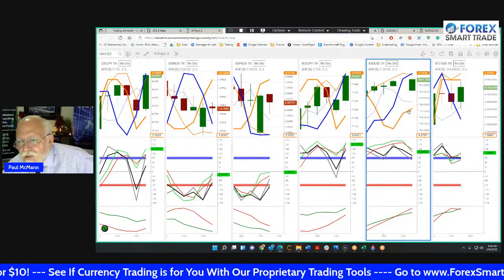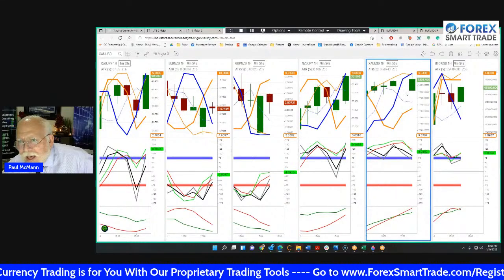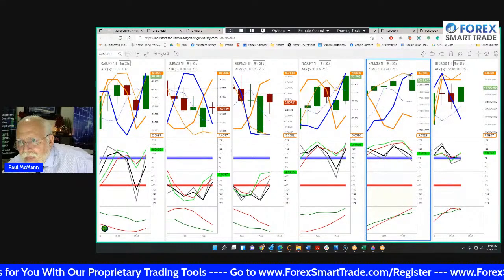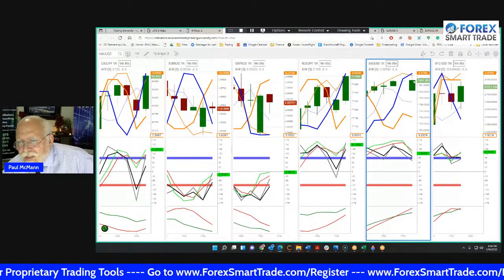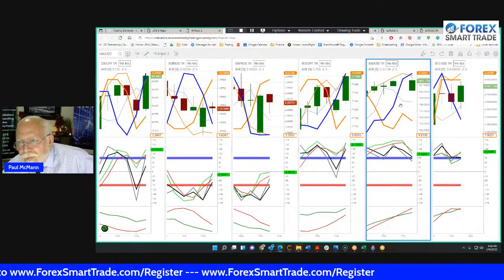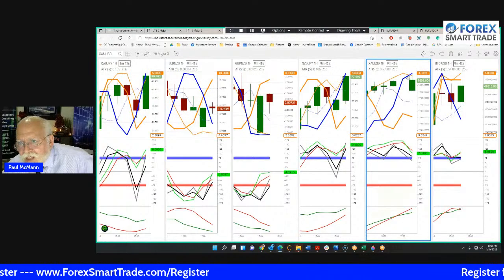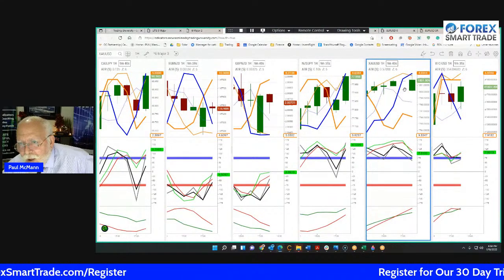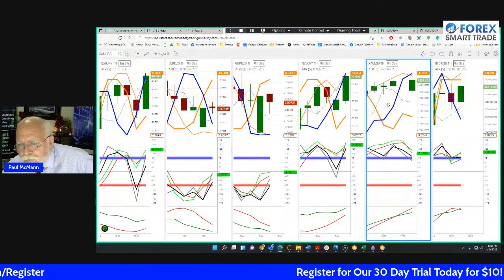Thick orange is going up, which means buy. Thin orange is coming down, which means sell. And we get 2 of the 4 here. Thin orange is telling me sell, and thick blue is telling me sell. I want to have 3 out of the 4.